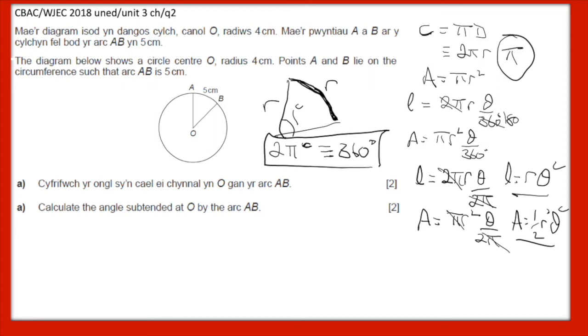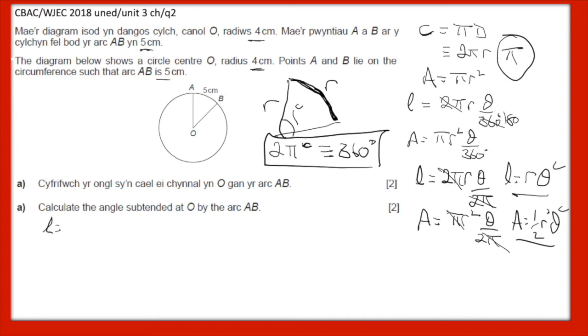Okay, so in this particular case, I know that my radius is 4, and I know that the length of the minor arc in this particular circle is 5 centimeters.